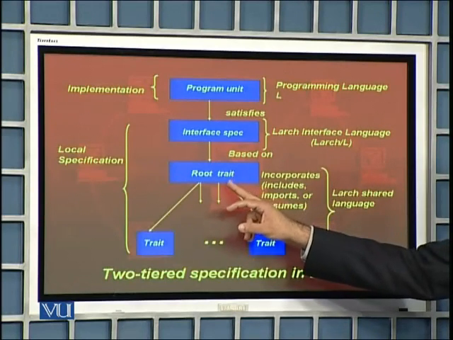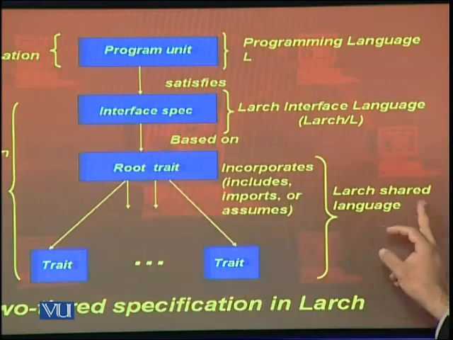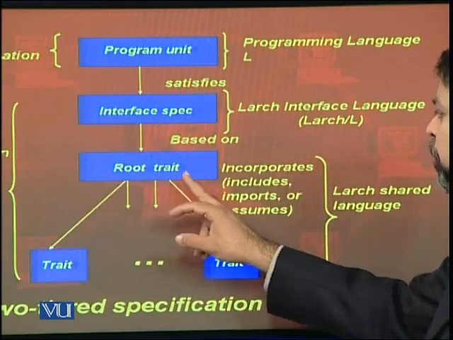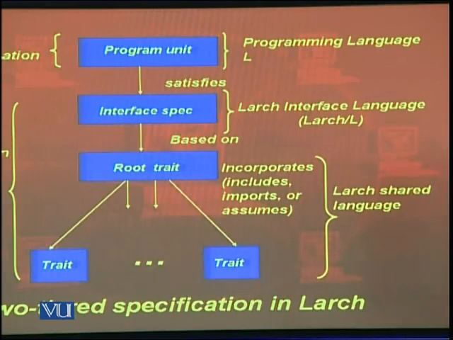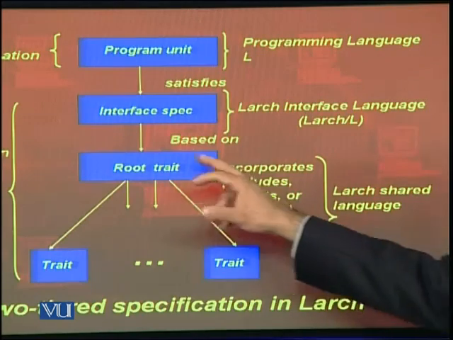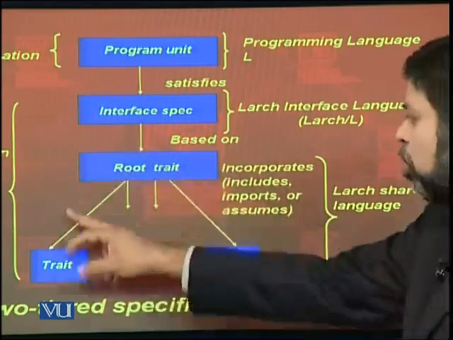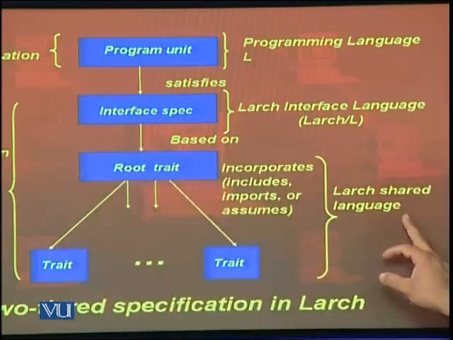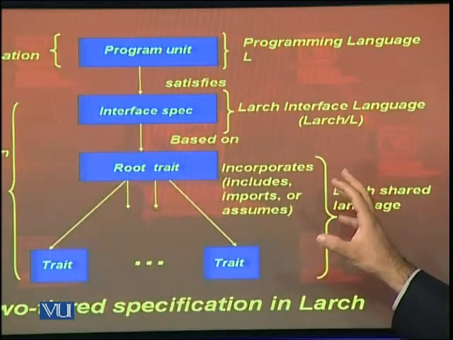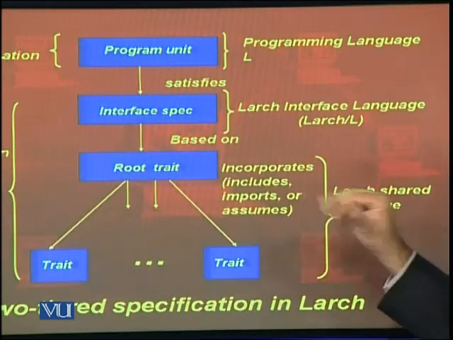The specification in Larch Shared Language is known as a trait. We shall be talking about those traits also. So this is one tier of specification, Larch Shared Language, which is independent of any implementation.